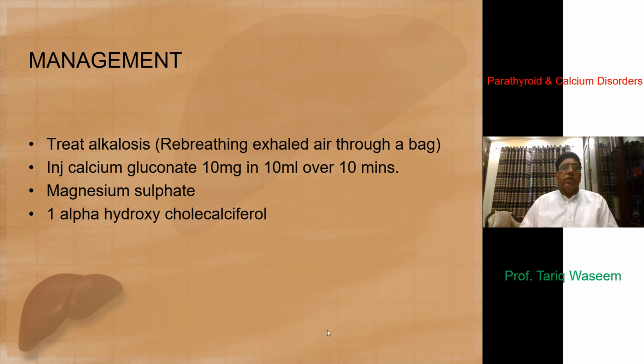Magnesium usually goes along with the calcium, so sometimes magnesium is also low, so magnesium sulfate may also be given. And finally, you give them 1 alpha hydroxycholecalciferol, activated vitamin D3, which then leads on to an increased reabsorption of calcium from the kidneys, and of course its effects onto the bone as well.